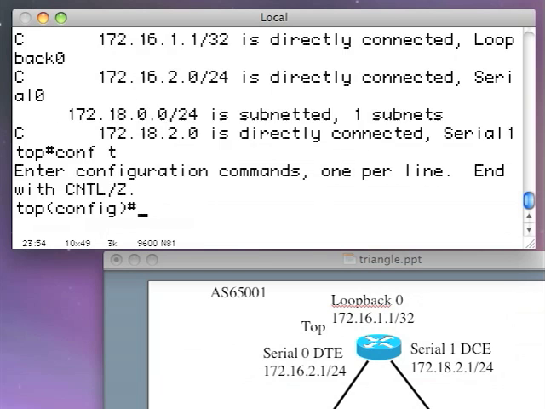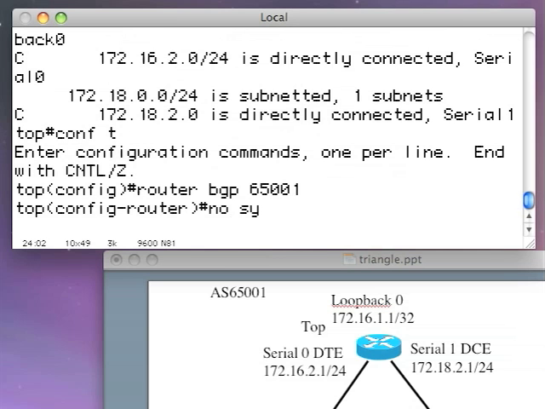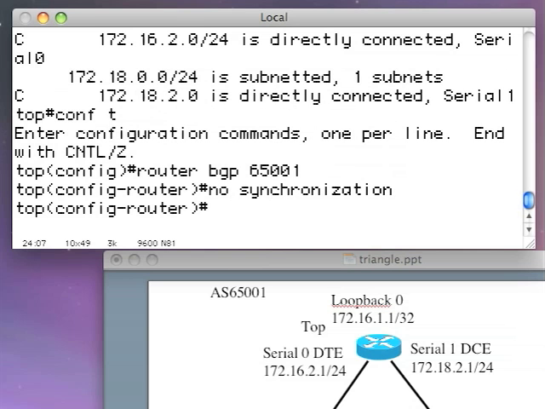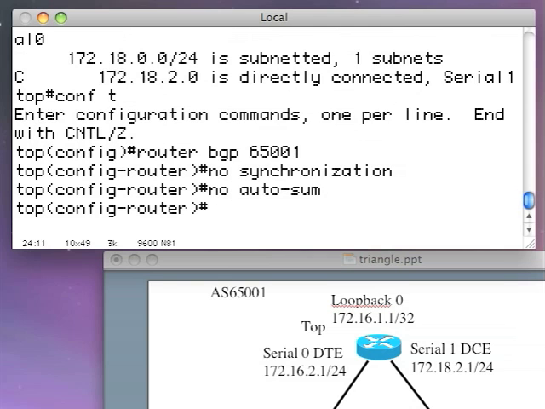So conf t, router BGP and then my autonomous system, which is 65001 for all the routers in the lab. No synchronization, which is part of our standard config. And no auto-summary, which is also part of our standard config, although I believe it's default on the iOS version that happens to be on this router.